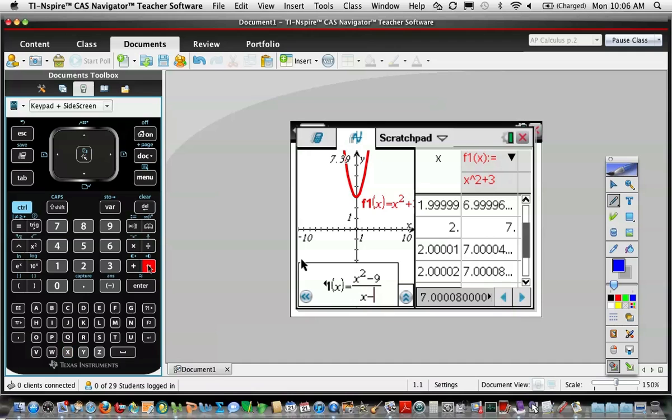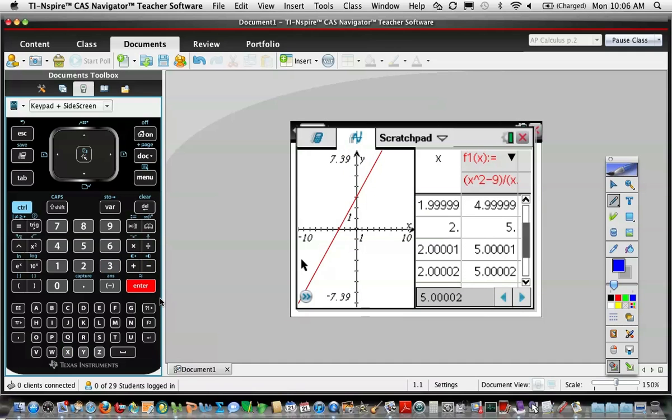and x minus 3. Now, I'm showing you all of these different variations. It's not necessary for you to show all these variations when you're doing a problem. It would have been just fine to factor, cancel, get 6, especially if it's a no calculator problem. You would not have to do the graph.